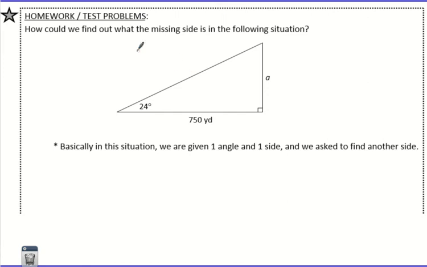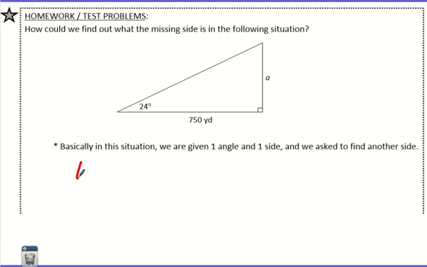So what do we do? We use a trig function. Which trig function are we going to use? Sine, cosine, or tangent? Which one fits this particular situation, where we have the adjacent leg and we want to figure out the opposite leg?